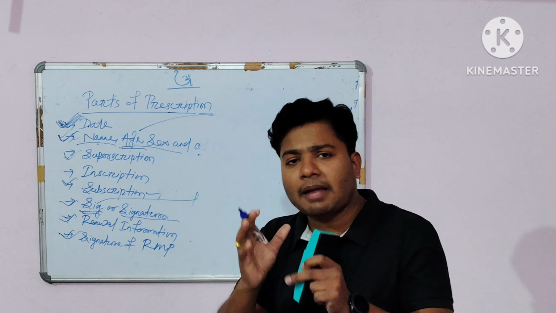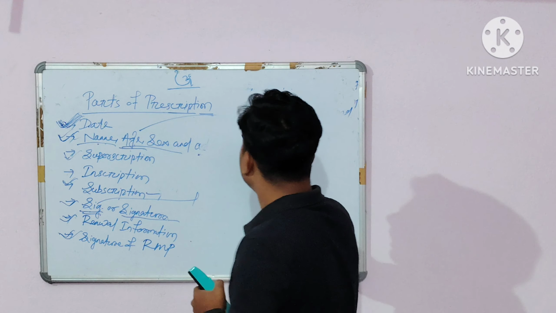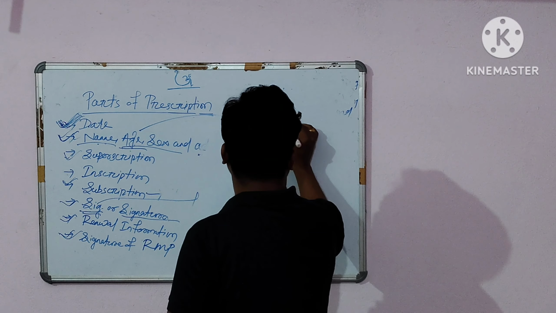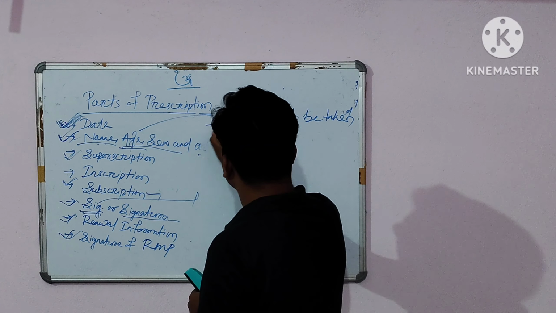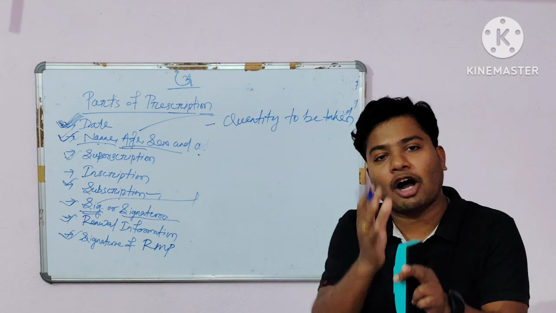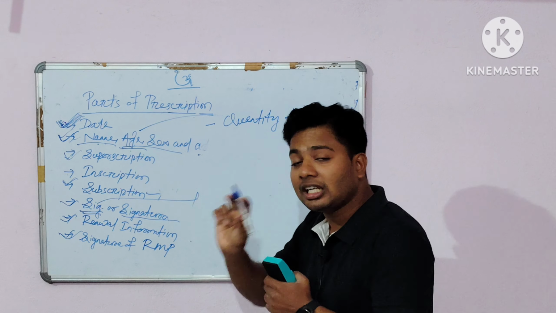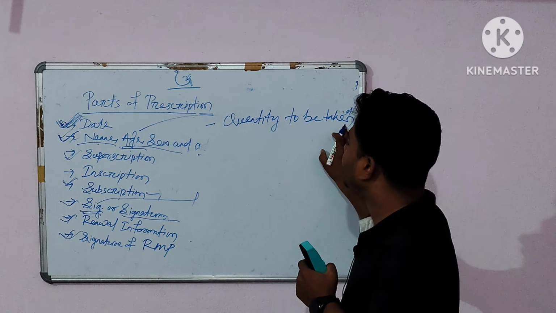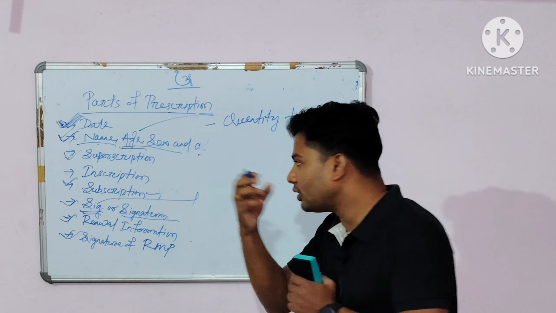First one is quantity to be taken. That means how much dose or how much amount of drug you have to administer. That information is present in the signatura part.